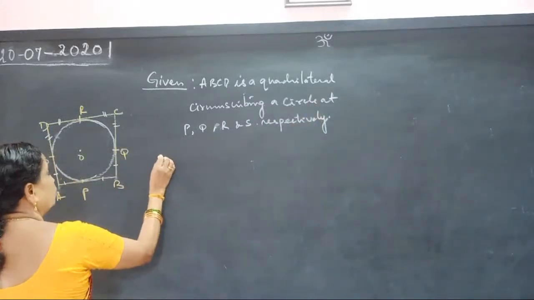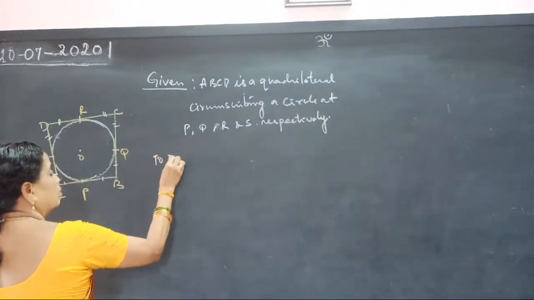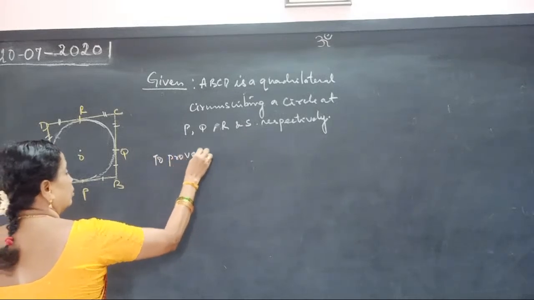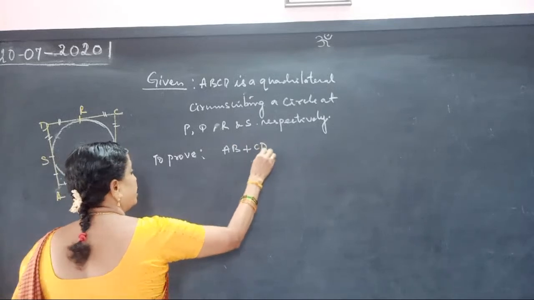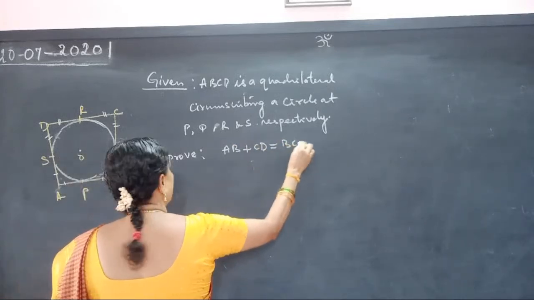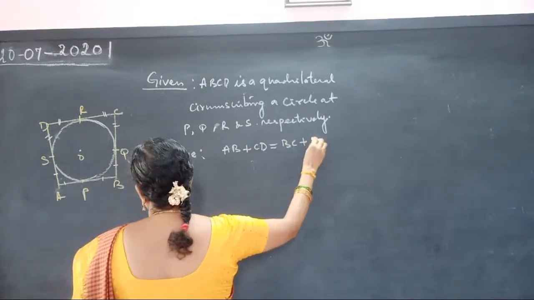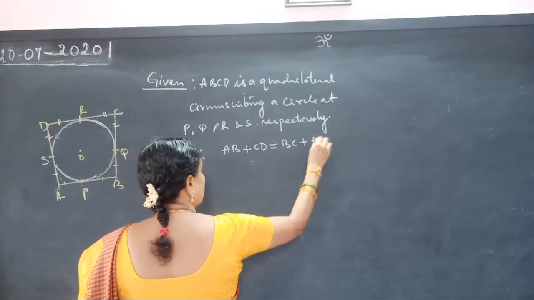To prove: the sum of the opposite sides are equal, AB plus CD equals BC plus AD.